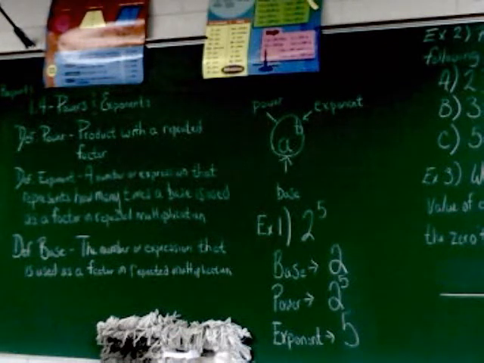A little bit of a, hopefully not a trick question, but it might be. What is the value of anything to the 0th power? What is the value of anything to the 0th power? 0? No, incorrect. Got a guess?